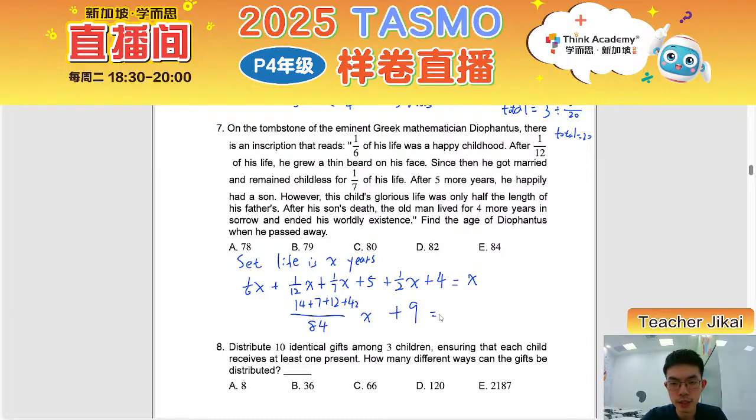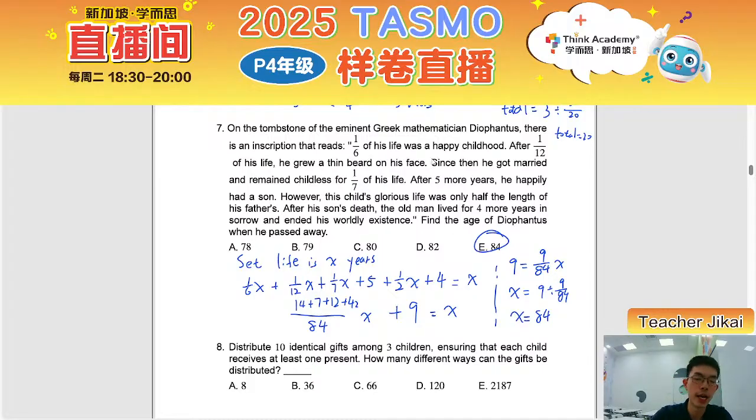So it will be x. You just calculate it is 75/84. So you move it to the right, 9 will be equal to 9/84x. So x will be 9 divided by 9/84. So the answer here is 84. Yes, so the Greek mathematician is 84 years old.